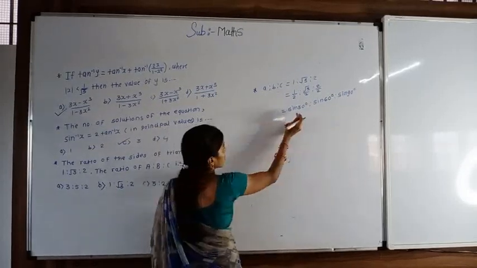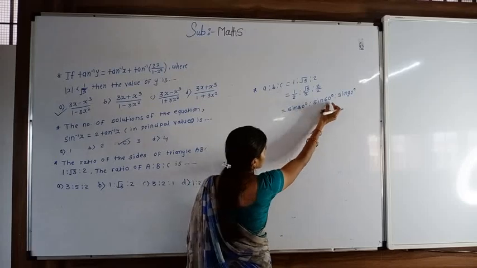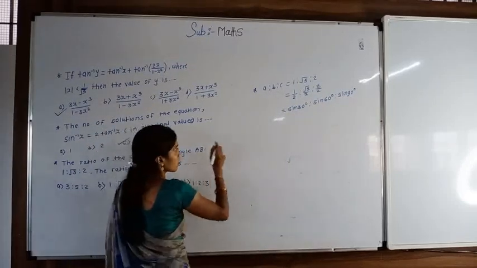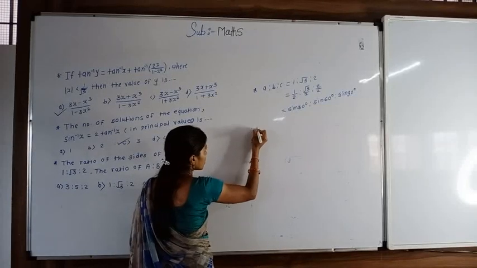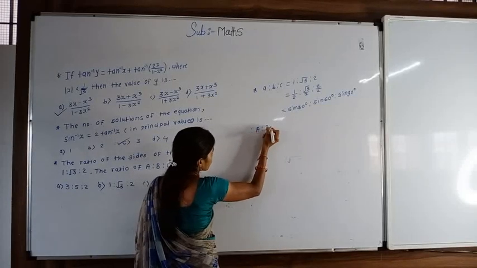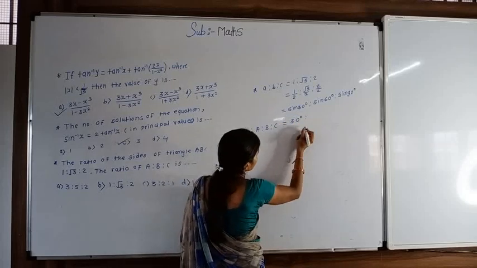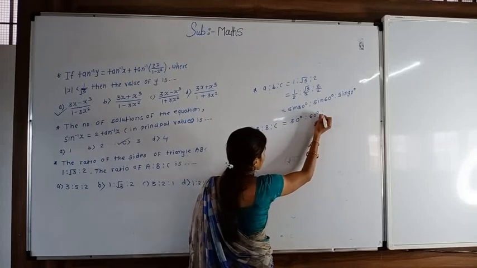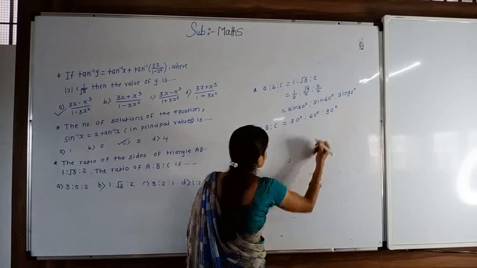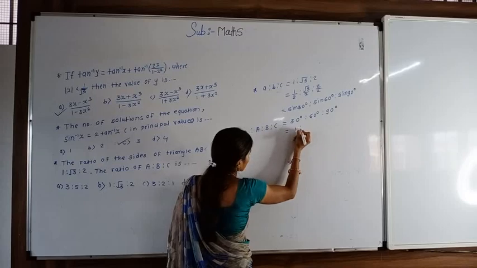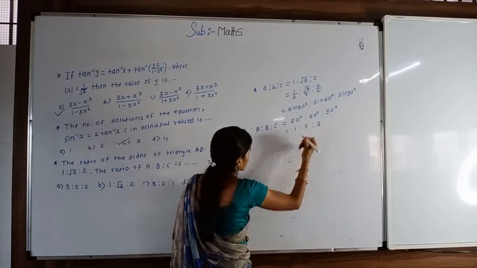Now see here, these are the values of angles A, B and C. So we can write A is to B is to C is equal to 30 degrees is to 60 degrees is to 90 degrees. Now that is 1 is to 2 is to 3.